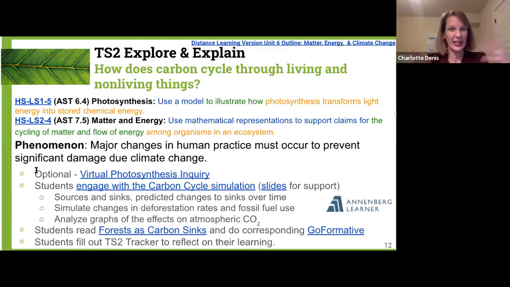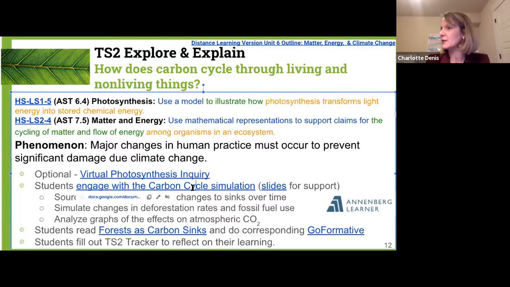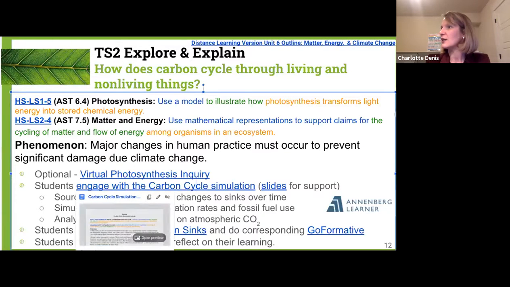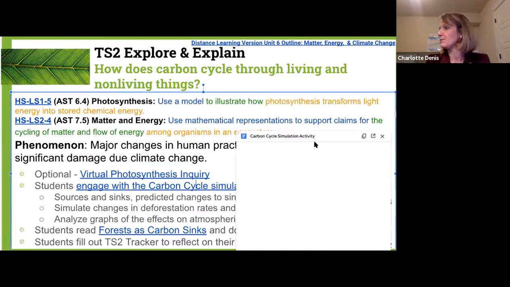First, they look at carbon sinks and sources and see how carbon moves around to those different sinks as time goes by. The second part is a graph incorporated into the simulator. Actually, let me click on that to give you a quick idea.